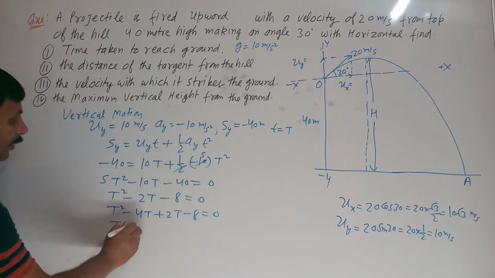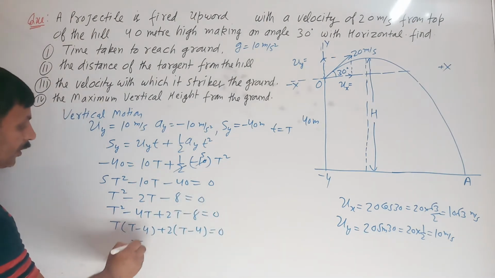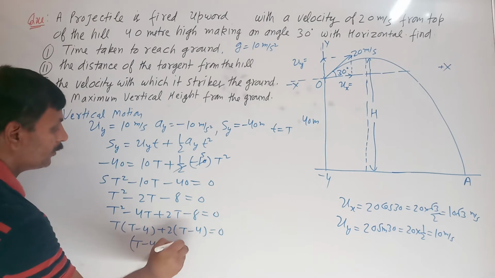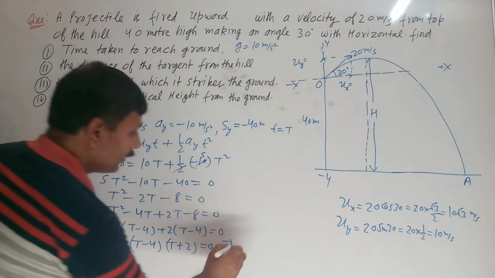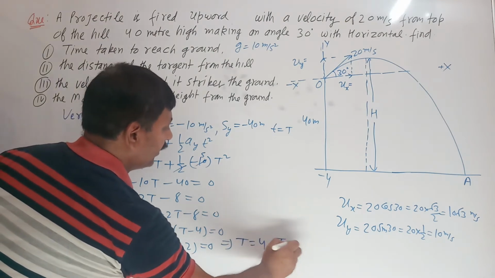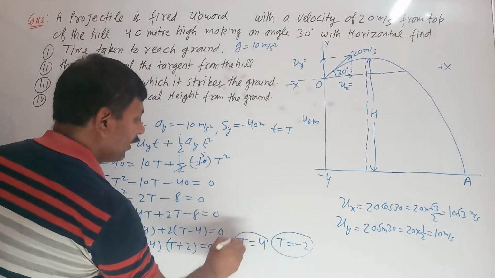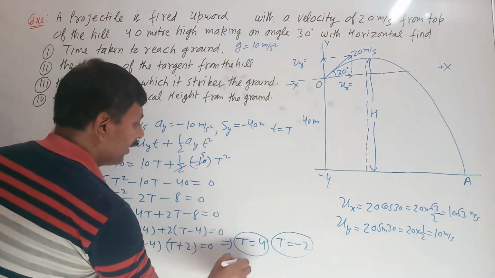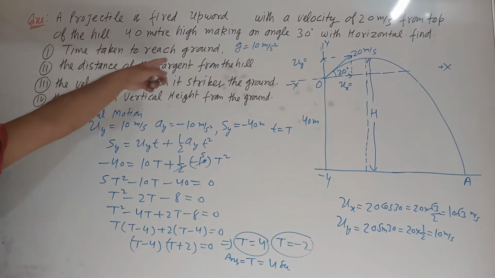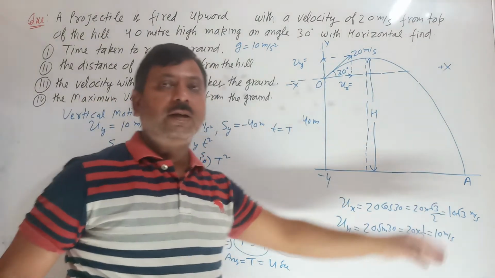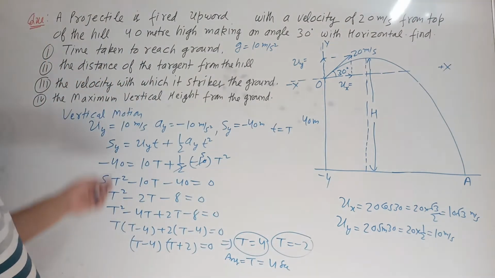So t minus 4 and t plus 2 is equal to 0. This implies t is equal to 4 and t is equal to minus 2. So minus 2 I will not take. The resultant answer will be time taken t is equal to 4 seconds. Time taken by the particle to reach the ground will be 4 seconds.